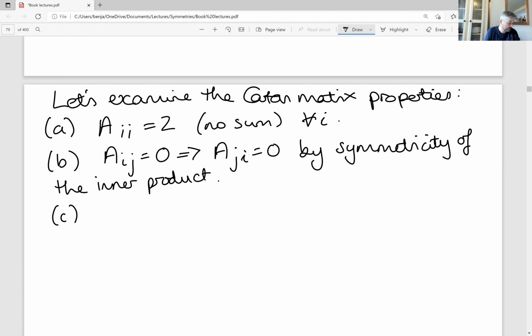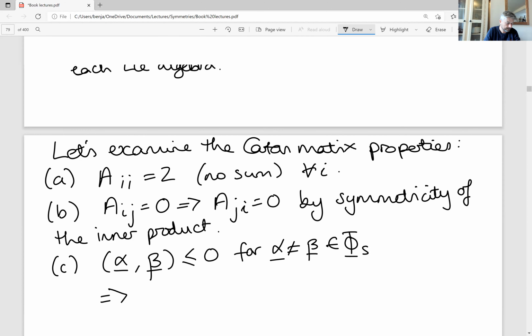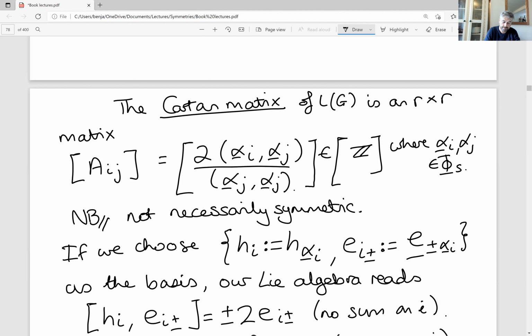So remember, property 3 that we proved just now was that when you have the inner product between two different simple roots, the inner product is less than or equal to 0 for alpha not equal to beta. So this implies that this is less than or equal to 0.